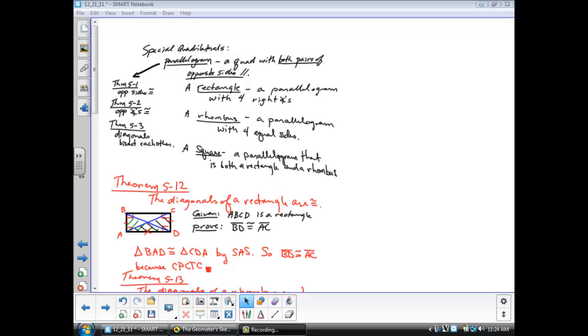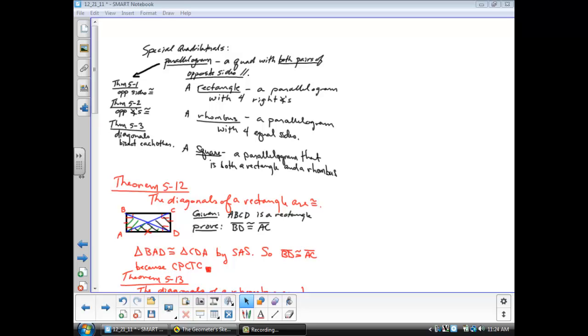Finish up those notes. So what we were looking at is special quadrilaterals. A parallelogram is one of those special quadrilaterals, but all of the rest of the figures that we talked about, which include rectangle, rhombus, and square, are types of parallelograms.